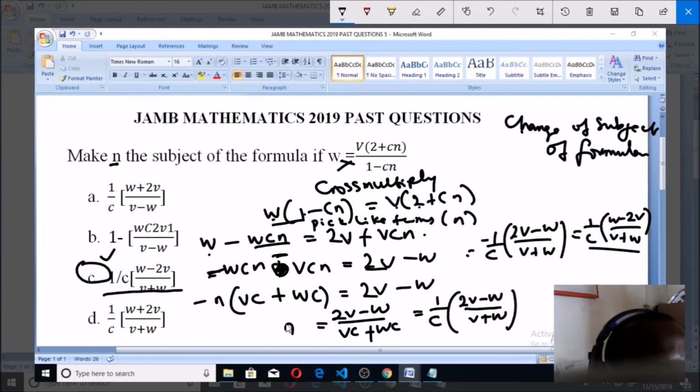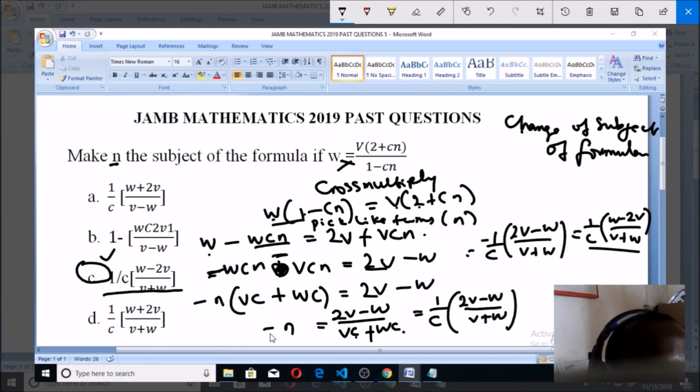So make n the subject. You now have n to be equal to everything here all over everything here, but there is still minus here. So that will give us this. If we take out c, there's c here, there's c here, so you can take out 1 over c, so that we can have 2v minus w all over v plus w.